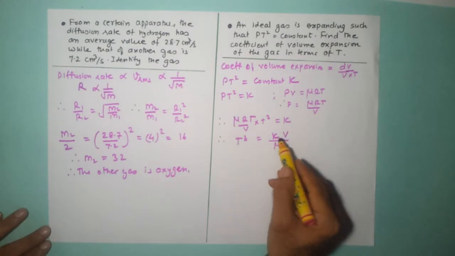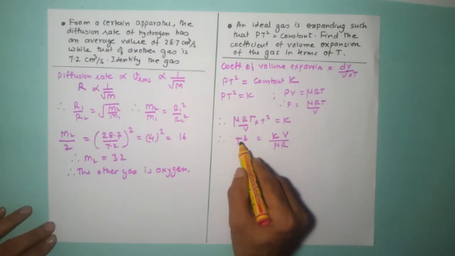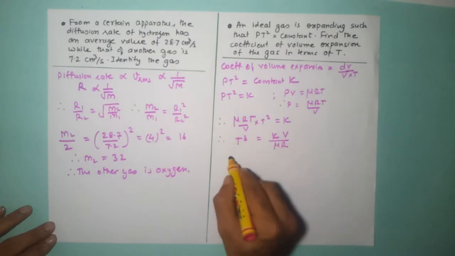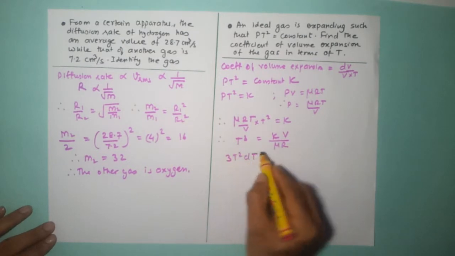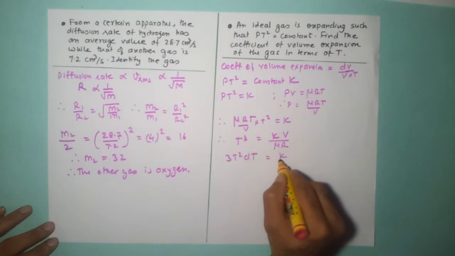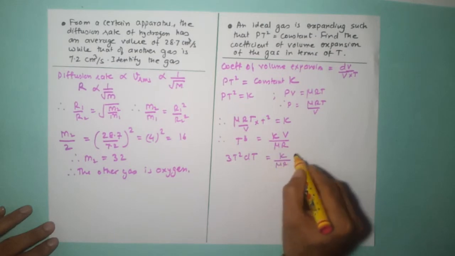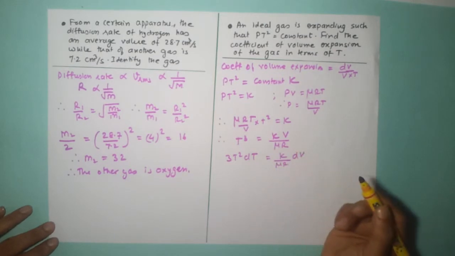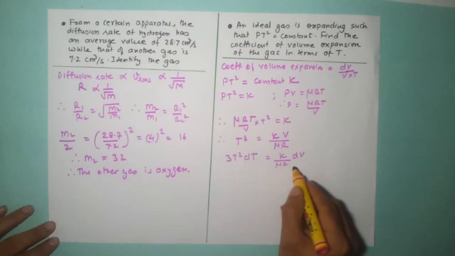So I can differentiate this with reference to T and this with reference to V. So I'll get 3T square dT is equal to K by mu R dV. So this is the equation I have got.